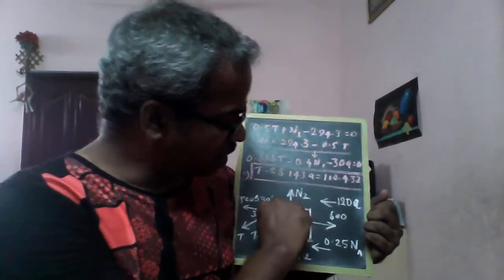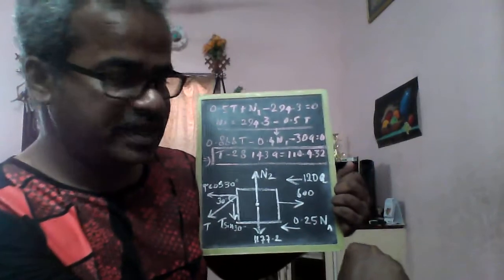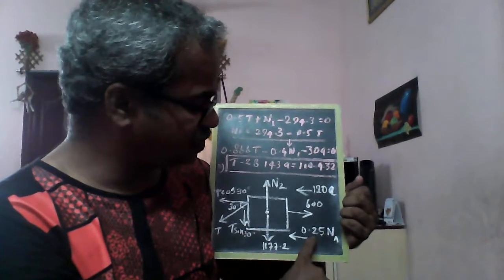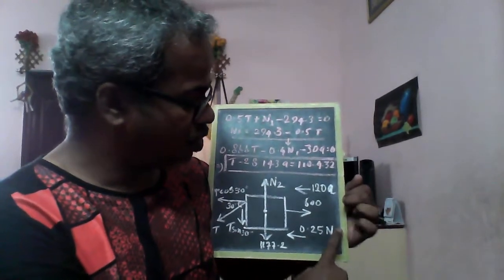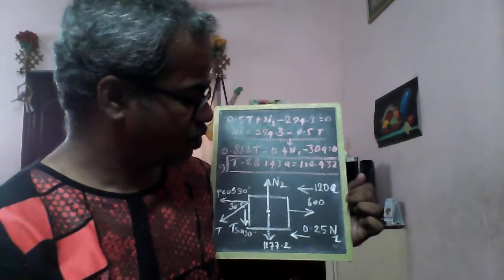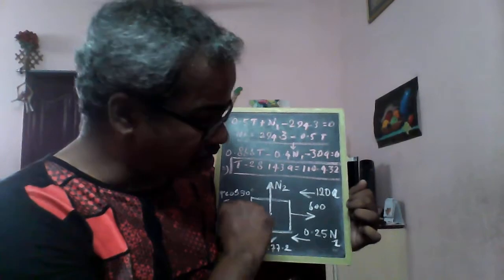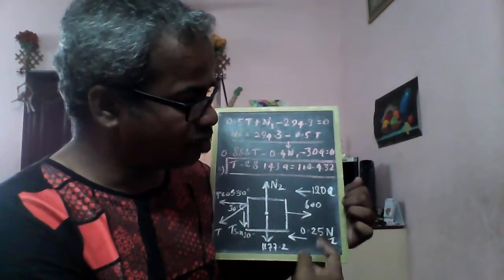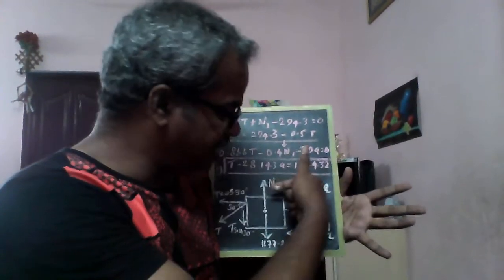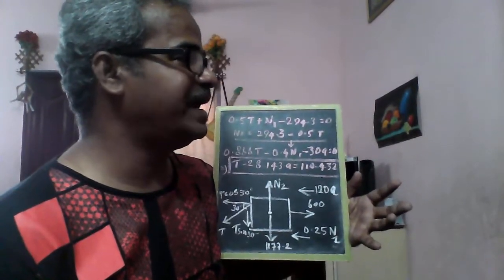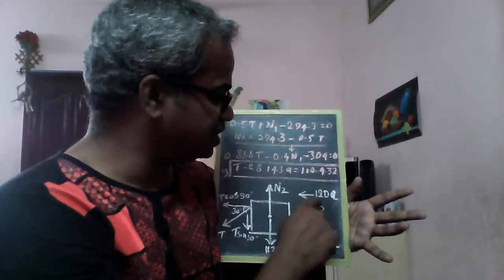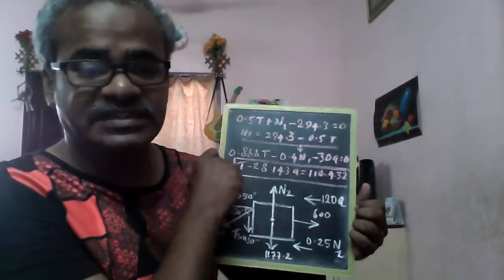And since the block is moving right side, there will be a leftward frictional force, with coefficient of friction 0.25 times N2. Then, since this body is moving, to keep it in dynamic equilibrium I have to supply MA opposite to the movement direction, apart from the friction. That MA is mass into acceleration, that is 120 into A.